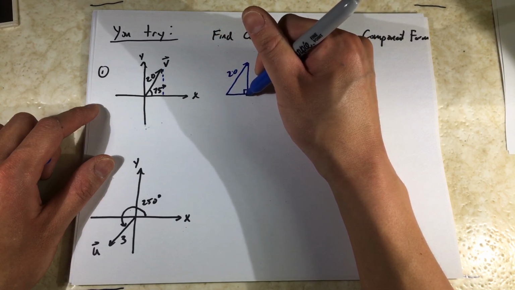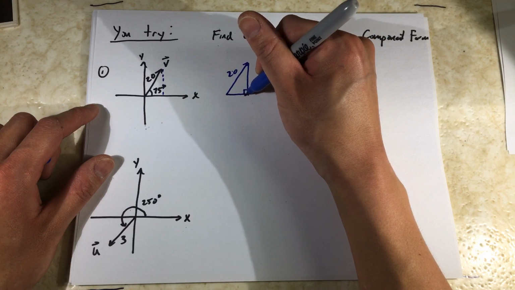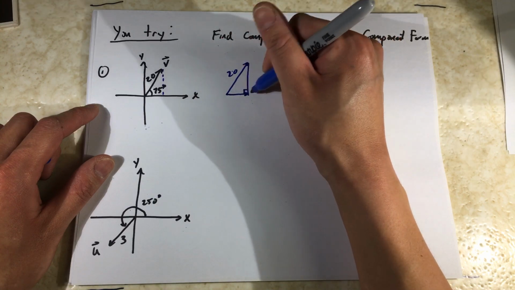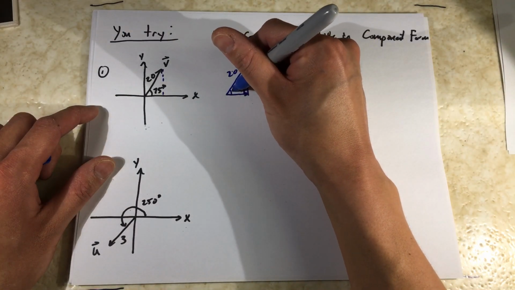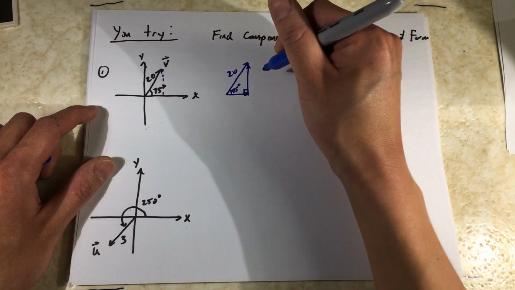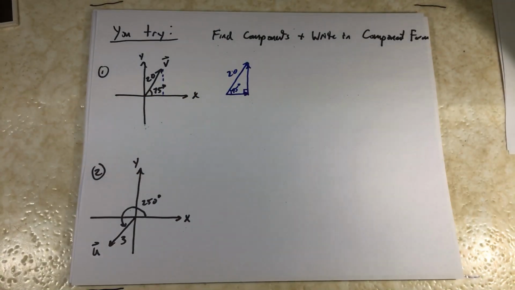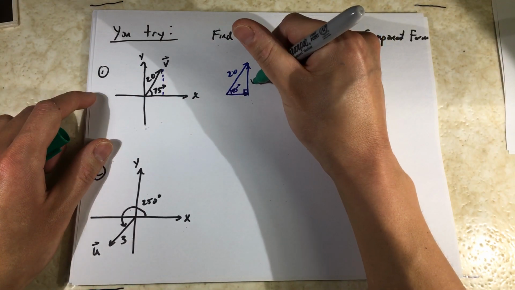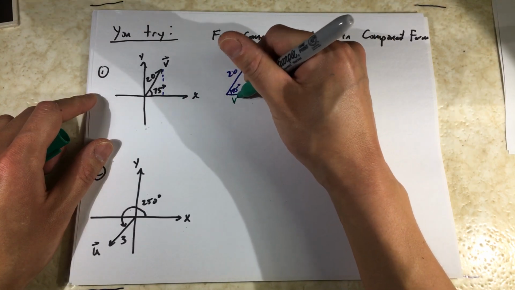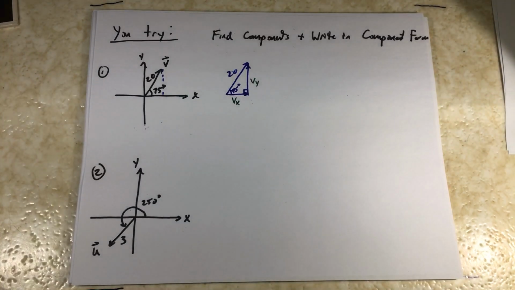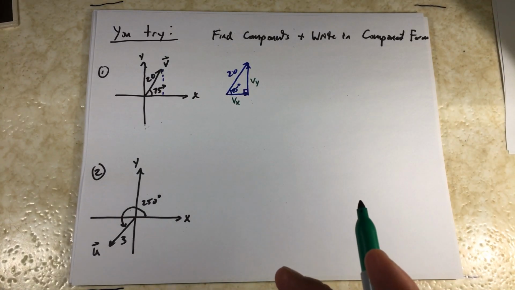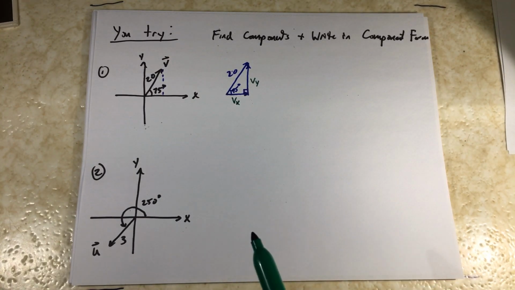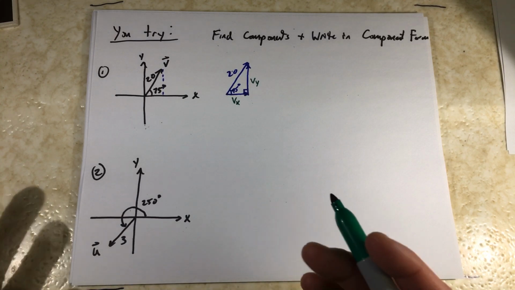It goes to the right, and then upward, and this is a 75 degree angle. This is Vy, this is Vx. Vx goes to the right, Vy goes upward, and we expect Vx to be positive because it goes to the right, and Vy to be positive because it goes upward.